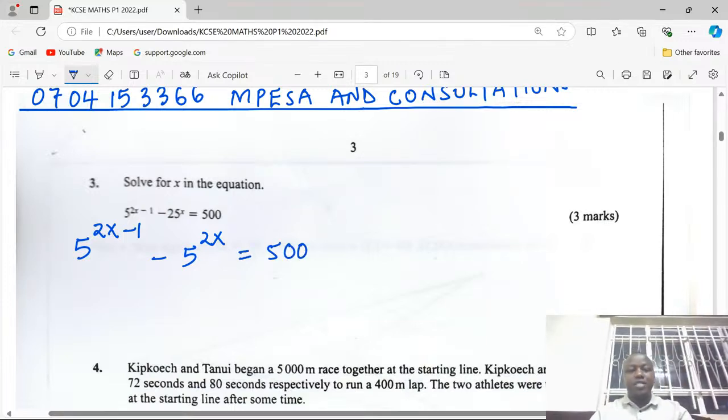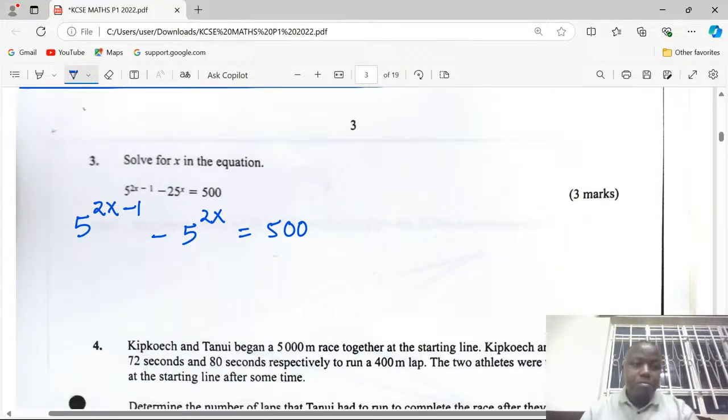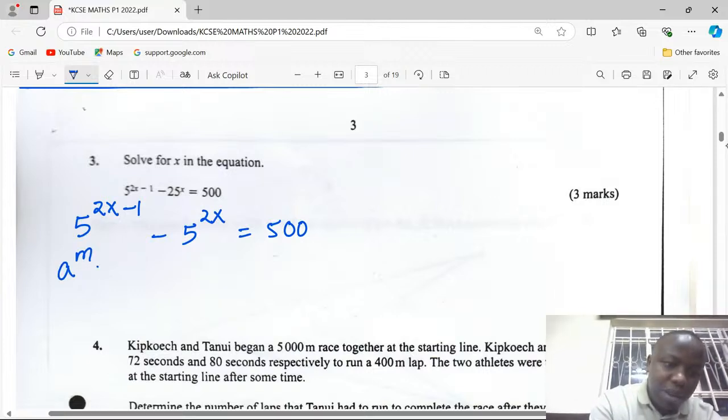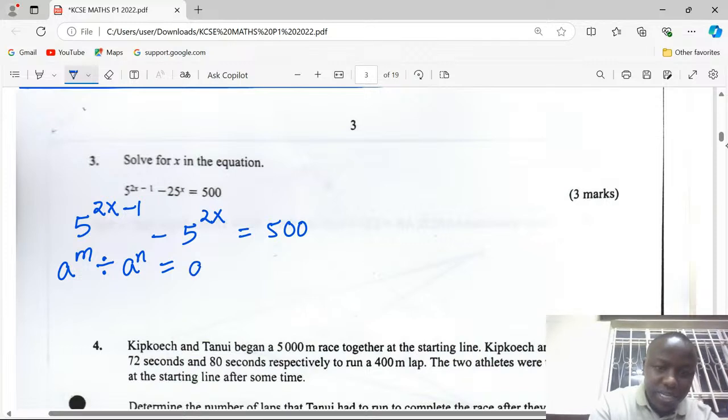Then at this point, because we have the laws of indices, for example, the law which says that in case we have the same base raised to a given power, then divided by the same base to a different power, this is solved by taking just the base and we subtract the indices.